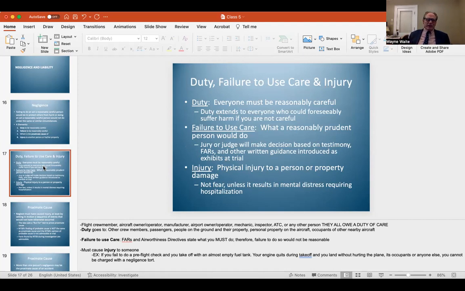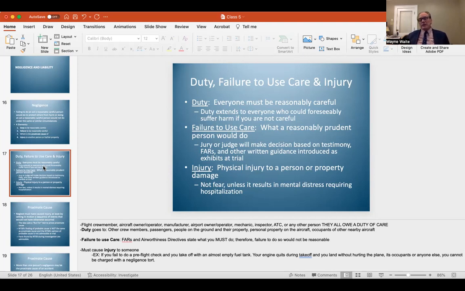this slide really talks more about the duty, failure to use care, and injury. What's a duty? Well, everyone must be reasonably careful. Duty extends to everyone who could foreseeably suffer harms if you're not careful. Failure to use care, what a reasonably prudent person would do under like or similar circumstances. So back in the medical context, this is what a reasonably prudent physician, nurse, or hospital would do under like or similar circumstances.